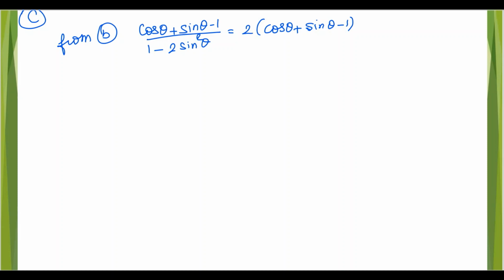So from B, we have written cos theta plus sin theta minus 1 divided by 1 minus 2 sine square theta equal to 2 cos theta plus sin theta minus 1.